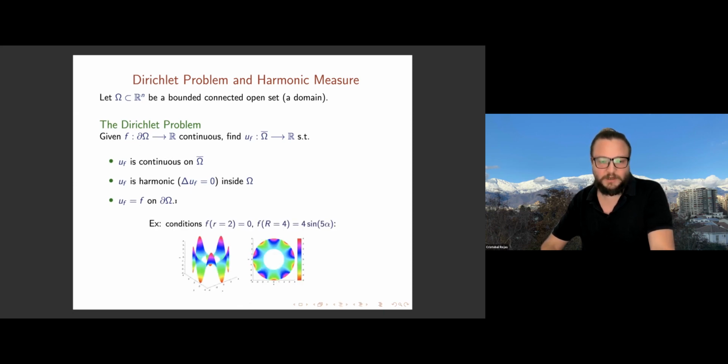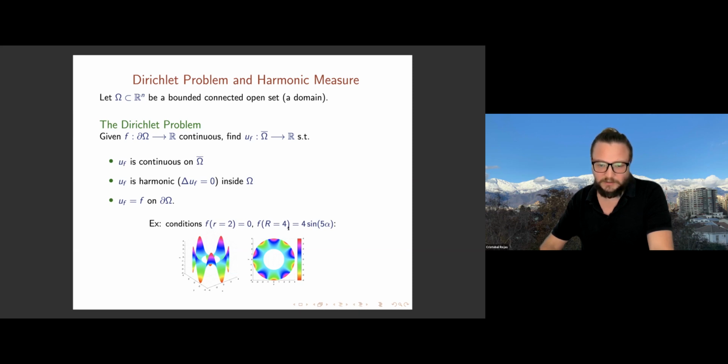So this is a problem that appears in many different places. Here is an example. The domain here is an annulus. The inner circle has radius 2, the outer circle has radius 4. And the boundary condition is 0 at the inner circle.